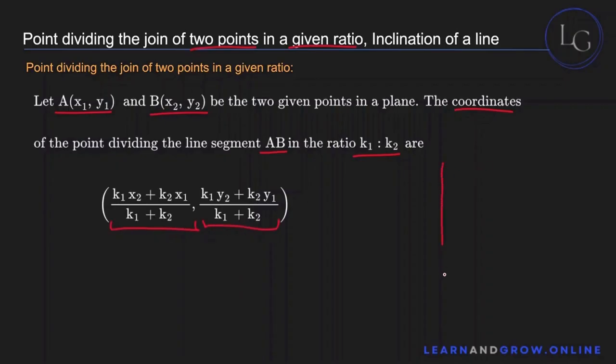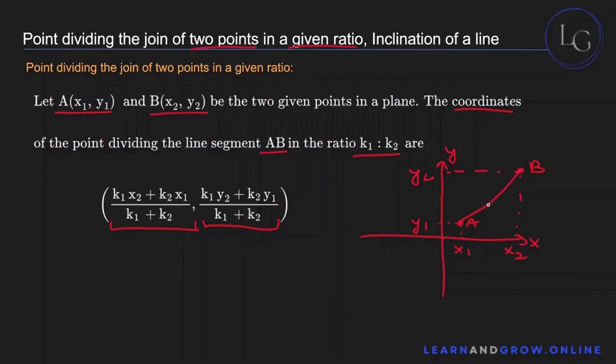So if you have a plane, this is the y-axis and this is the x-axis. Say you have this point here as A, and this point here as B, with A having the x value of x1 and the y value of y1, B having the x value of x2 and the y value of y2. Now, this is the line joining A and B.